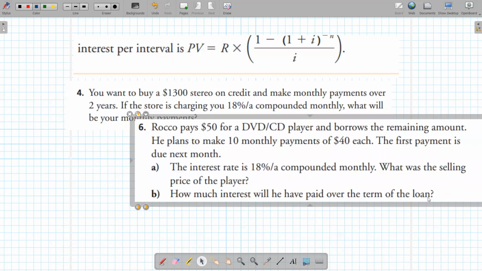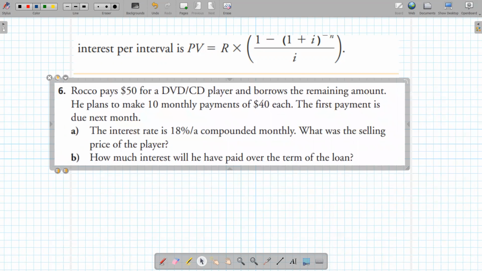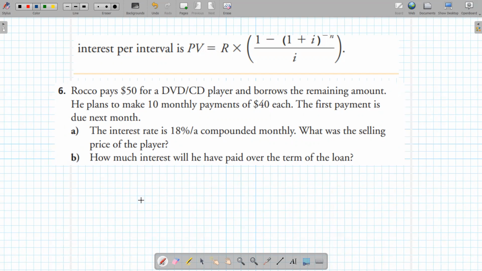Here, let's look at this one. What is given? The present value is, is it 50?